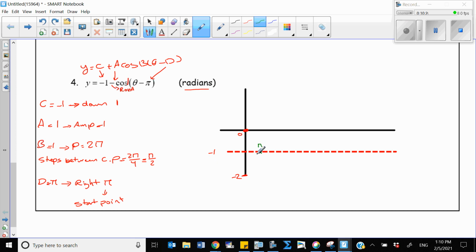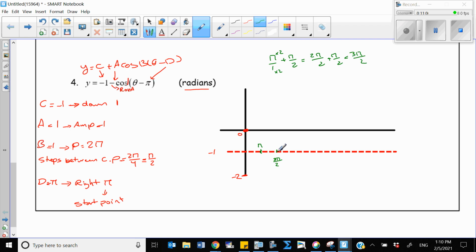Then I need to move pi over 2 after that. Pi plus pi over 2: with a common denominator, multiply top and bottom by 2, it's 2 pi over 2 plus pi over 2, which is 3 pi over 2.